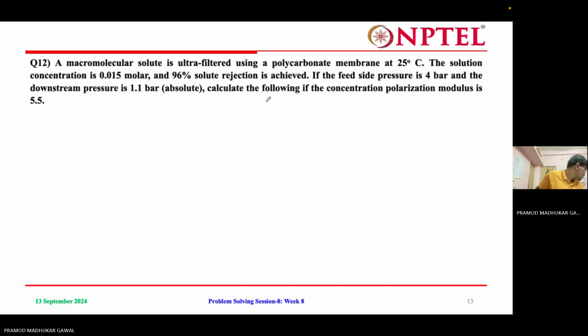Calculate the effective pressure driving force, neglecting the concentration polarization, then calculate the same if the concentration polarization modulus is 5.5.